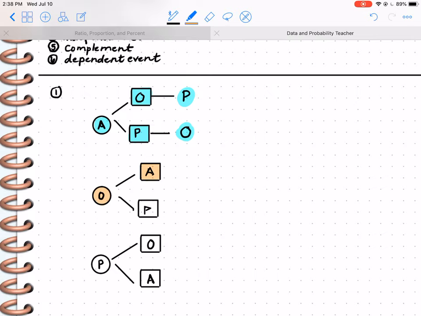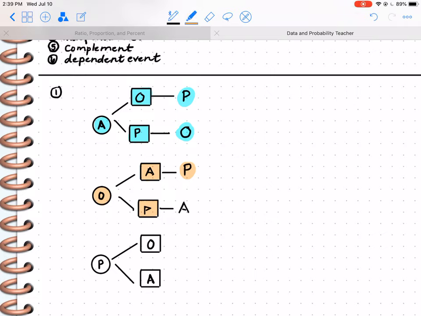So if he did the orange and the apple, then the third day would have to be the pear. So there's one possibility, orange, apple, pear. Or he could have done orange, pear, and the third day would have to be the apple.